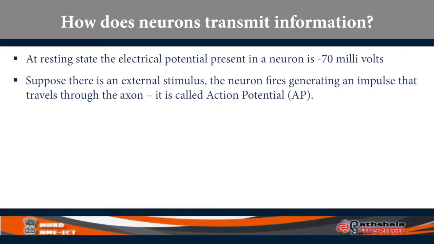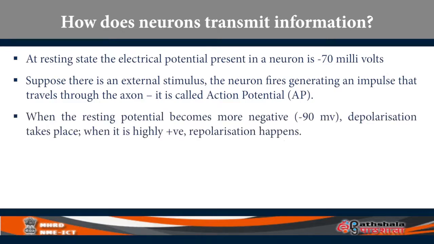So in response to external stimulus, neuron fires and it generates what is known as action potential, AP. So resting potential is -70 millivolts. Suppose it becomes more negative, -90, that process is called depolarization. Then eventually it becomes positive, and that is called repolarization.